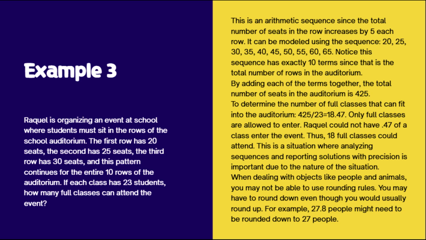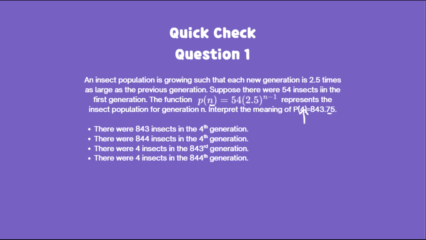So let's go back and peek at that really quick so I can show you what I was talking about. So in this case, you have this decimal place here. Whatever this is, does it make sense when you have population and generation to round this up? No, because you don't really have 844.